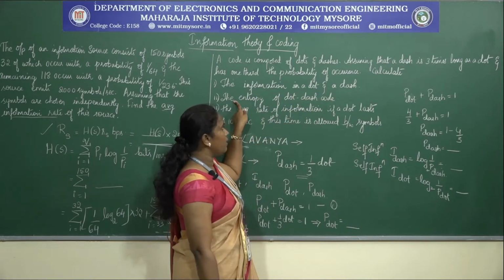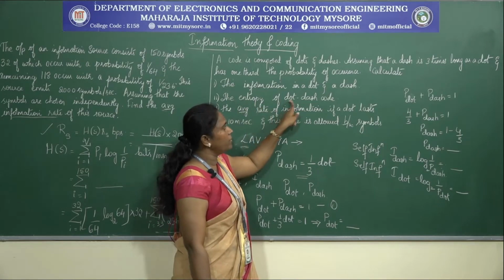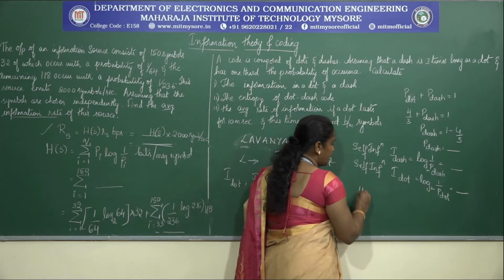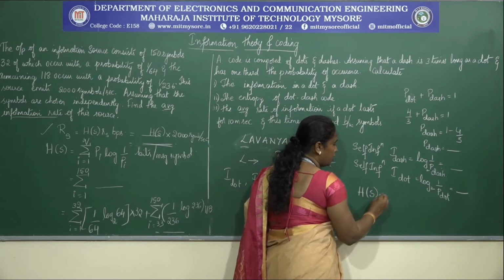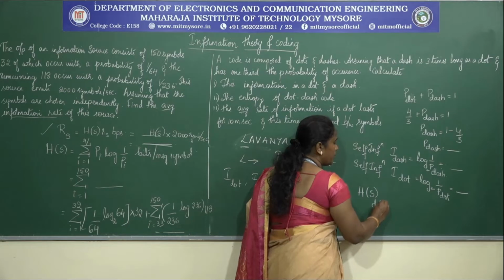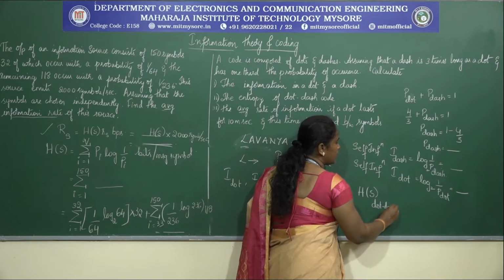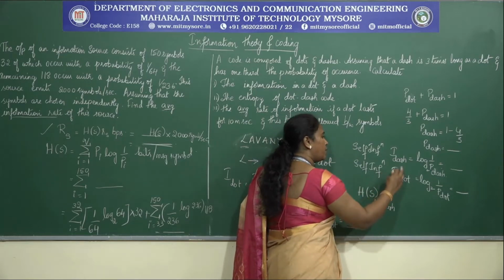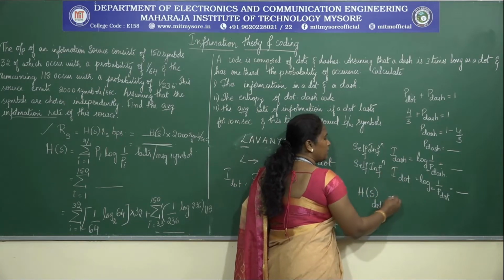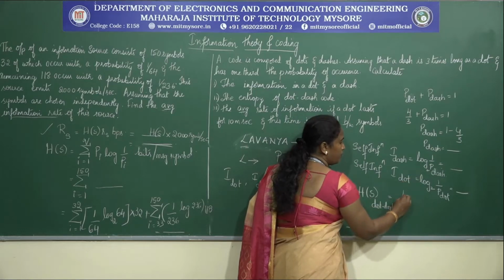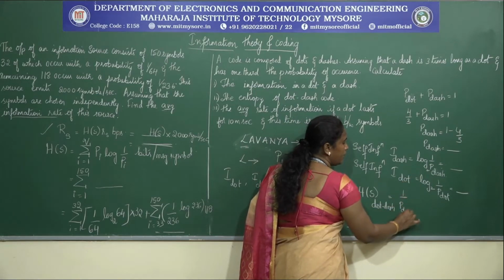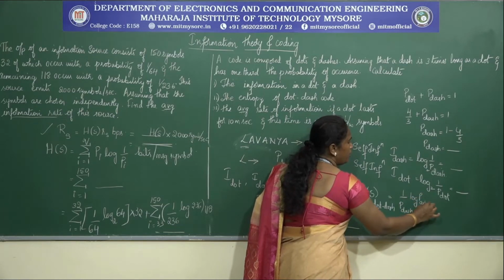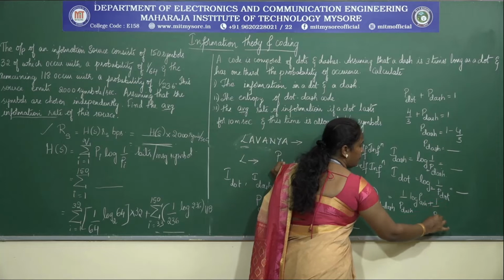Now we need to calculate the entropy of a dot and dash code. Entropy means we need to calculate H of S with respect to dot as well as dash. Since we have two symbols here, dot as well as dash, it will be equal to P dash log of 1 by P dash plus P dot log of 1 by P dot.